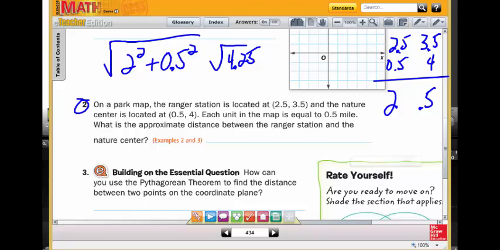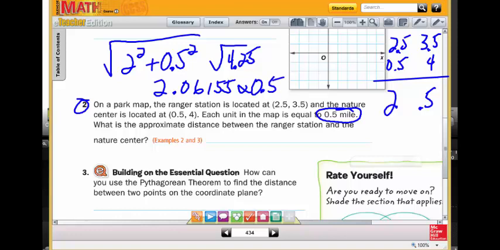You're going to get 2.06155, etc. But now they're telling you that each unit on the map is 0.5, or 5/10 of a mile, a half a mile. So we're going to multiply that times 0.5.